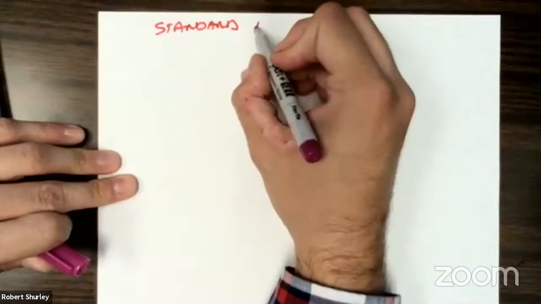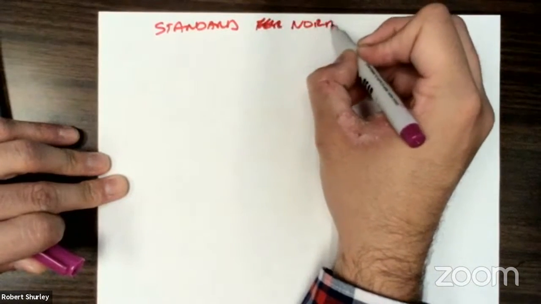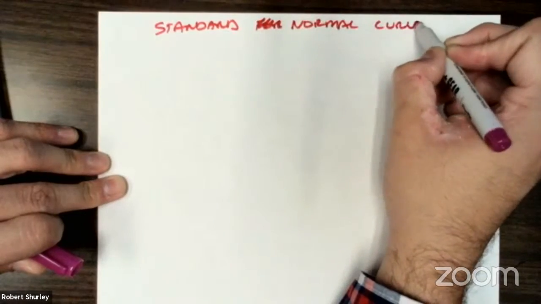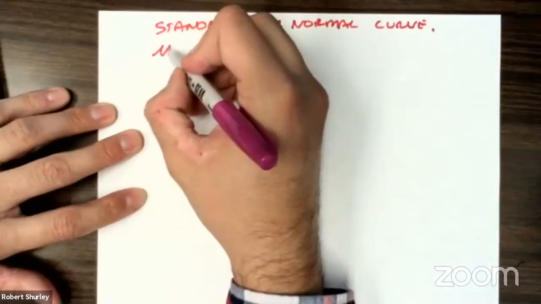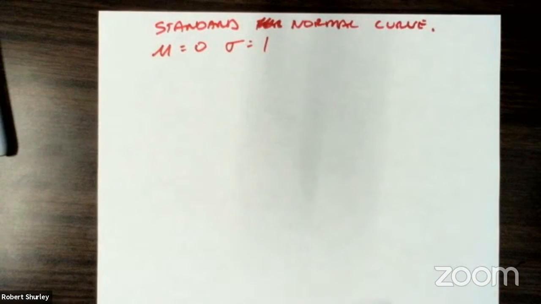Now, a standard normal curve always has a mean of 0 and a standard deviation of 1. That is the standard normal curve.